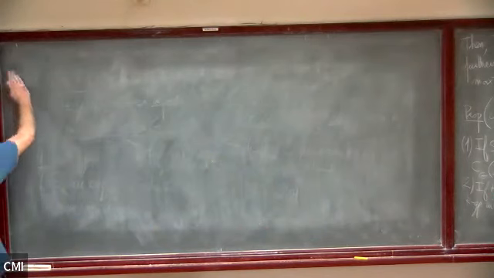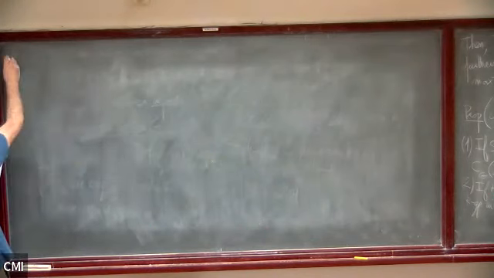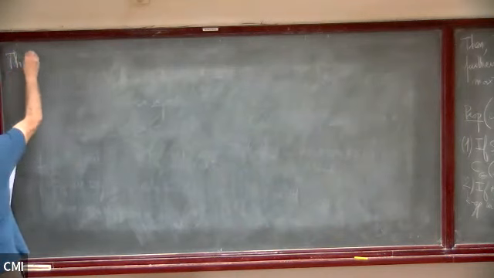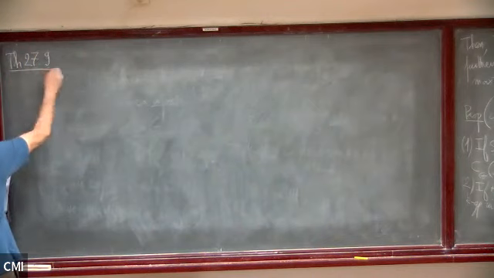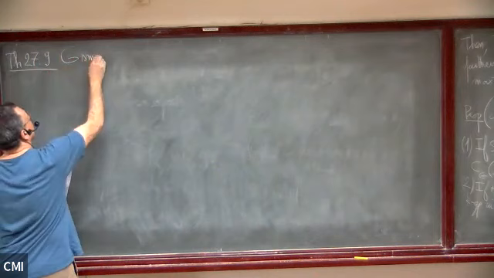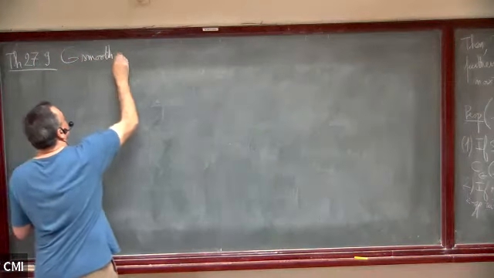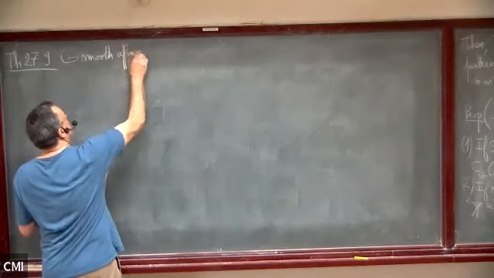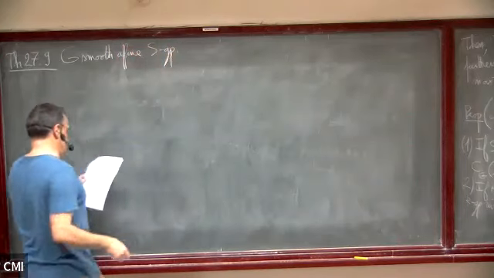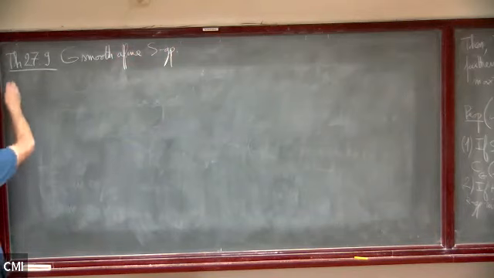Okay, so we have the following theorem. Let me repeat the hypothesis that G is a smooth affine S group. And we have the following assertions.